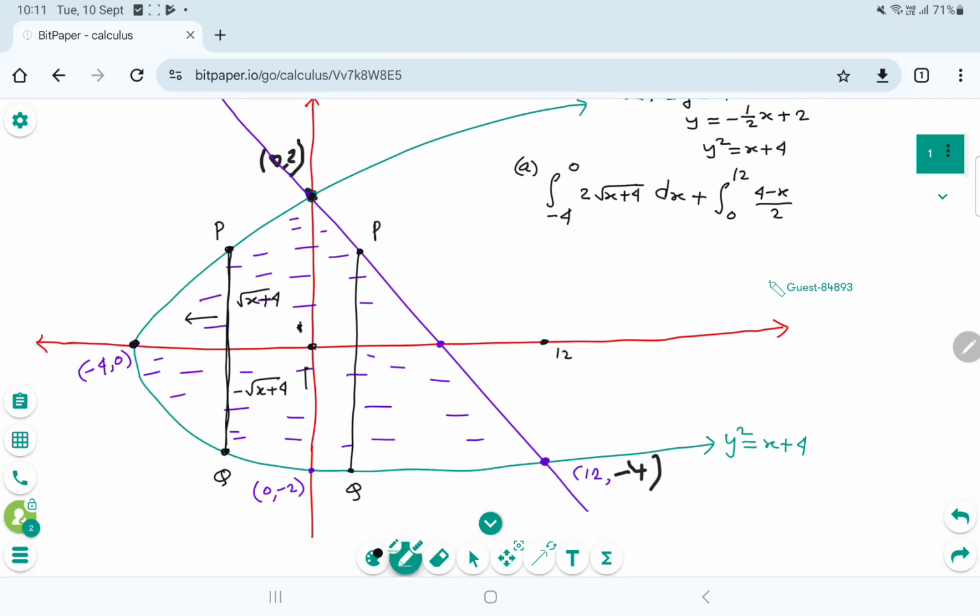And then minus of this minus part, so basically you have to take the plus of that.